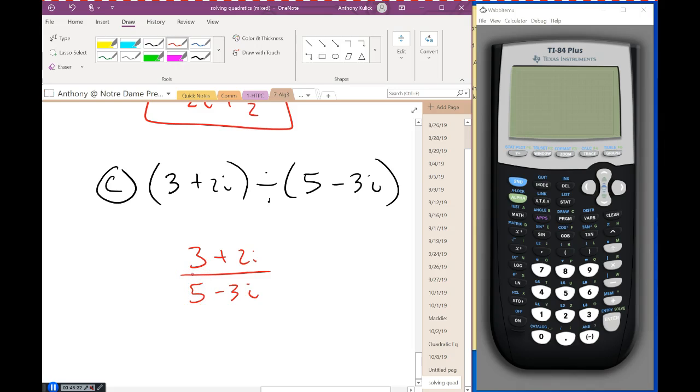So I'm going to start by writing that as a fraction. And now what do I need to multiply the top and bottom of this by to get the i out from the denominator? Not negative i. This is tricky. It's not at all obvious.